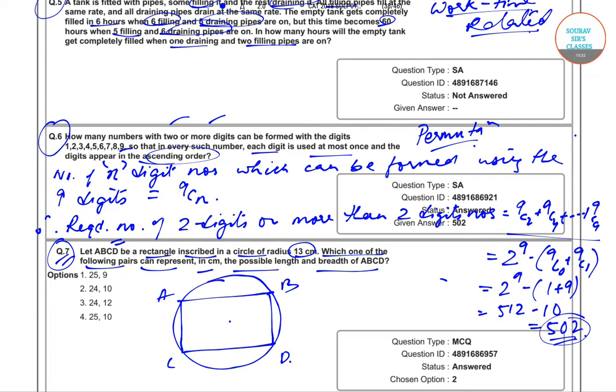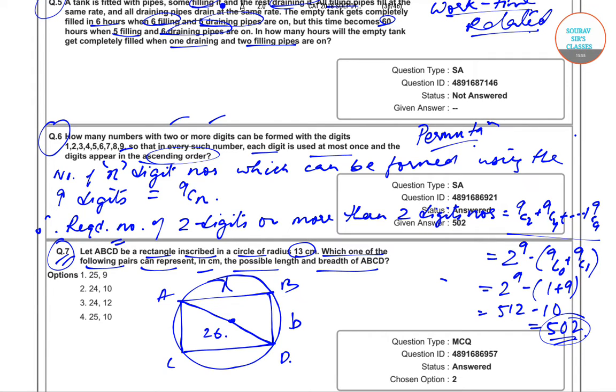This can be the length and this is the breadth. And if we consider the diameter, the diameter will pass through the center of the circle, and the length of this diameter will be 13 plus 13, which is 26.